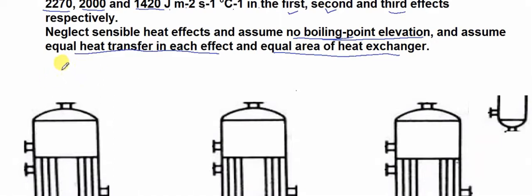So first our basis, meaning the important data they have given. That input flow rate, that is the mass flow rate of weak liquor, is 5000 kg per hour.